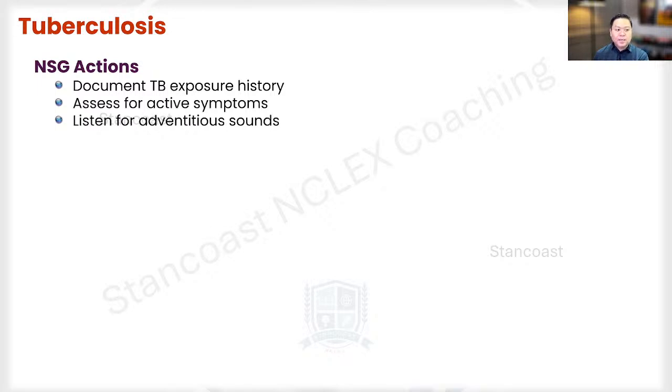Let's say the cough becoming more productive, the night sweats, the presence of fever, weight loss, and pleuritic chest pain. Those are the signs that we need to find in this patient, especially if they have active TB. We're also going to have to auscultate their lung sounds because there will be changes. Adventitious sounds will be common.